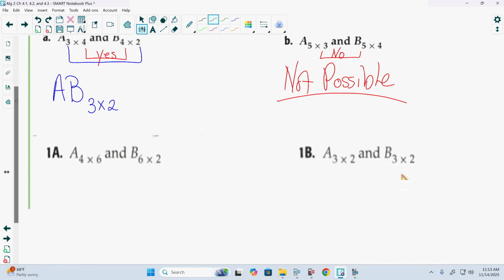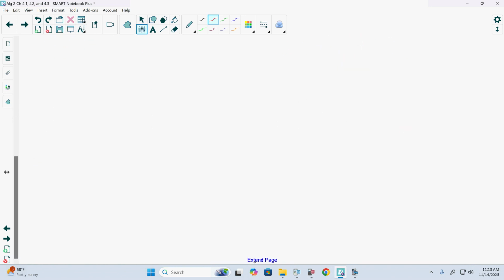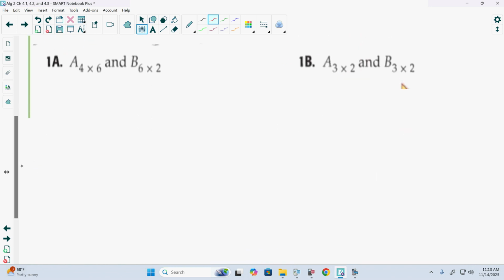Questions on this here? Let's look at 1A. Columns of the first is 6, rows of the second is 6, so it says what? Yes, we can multiply these together.